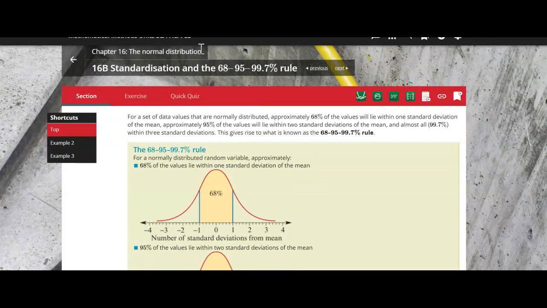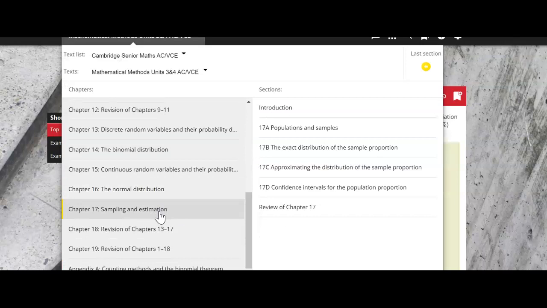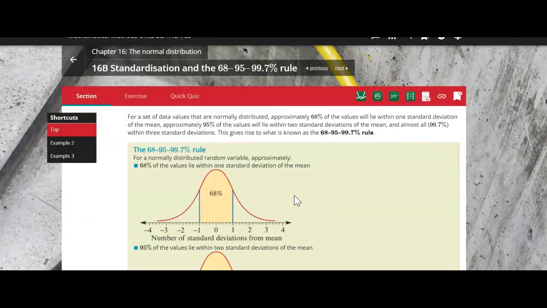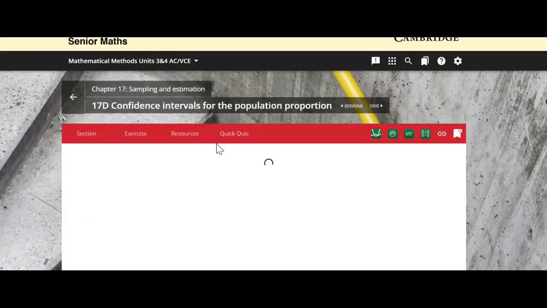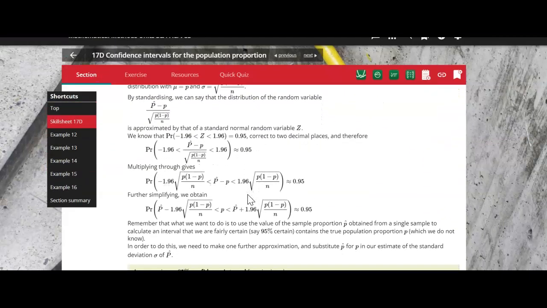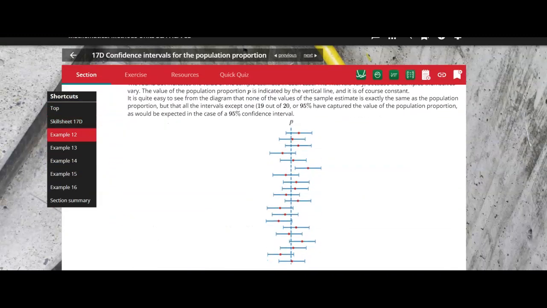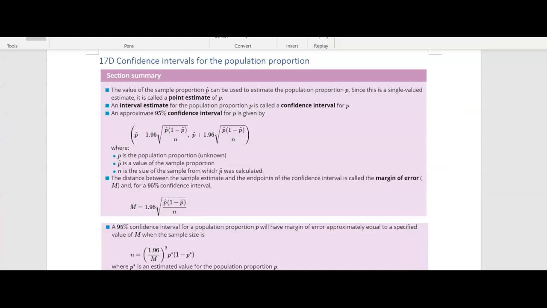So with 17D, I'll just quickly go back. We're basically using confidence intervals. So the formula we use, and this is on your formula sheet. Let me just go to your notes because it's in your notes.